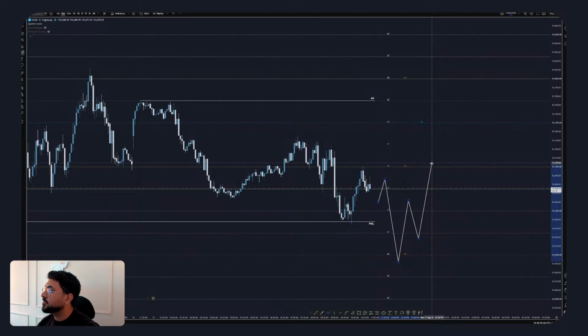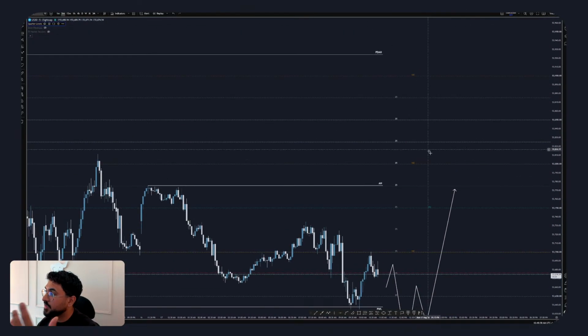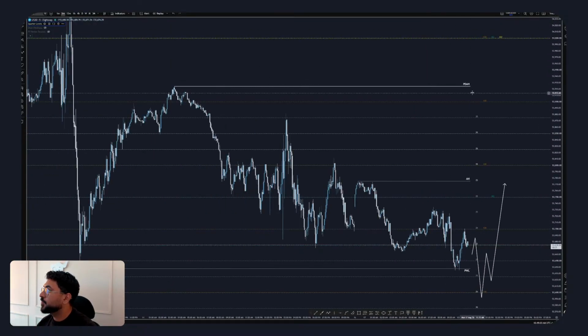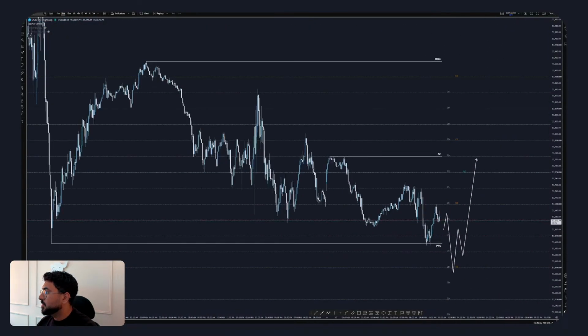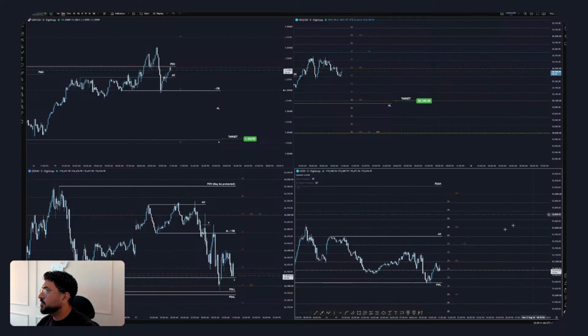I'll be looking for confirmations to take an opportunity to trade towards the top side. First target being these Asian highs, and then potentially, if the volume looks good, could even hold it up to Friday's Asian high session. So yeah, we've got some interesting targets here on the markets today for our Monday.